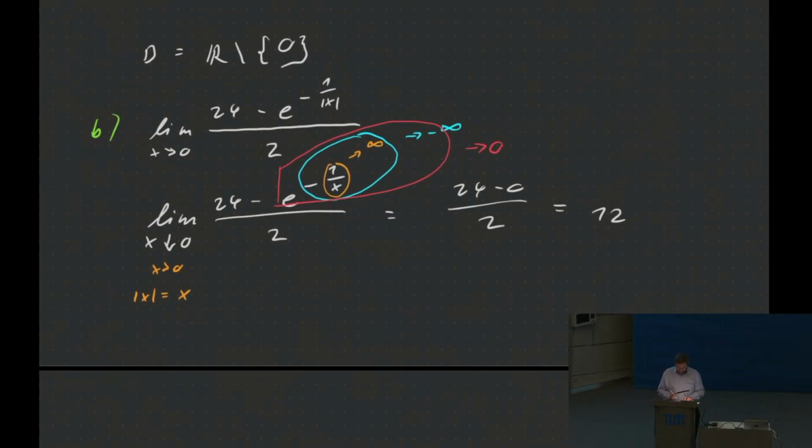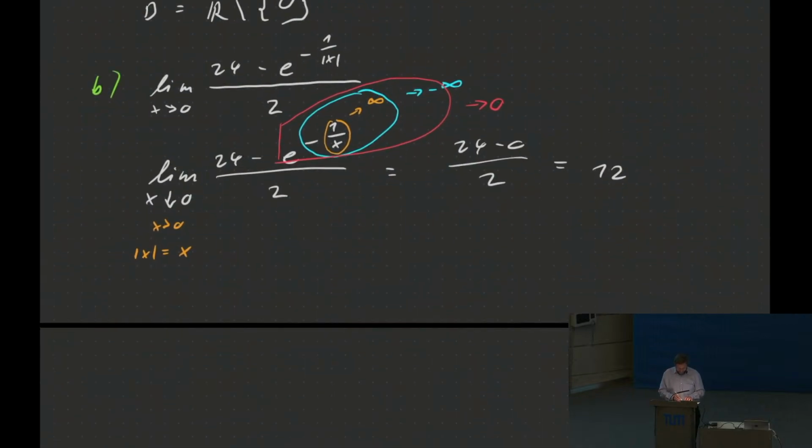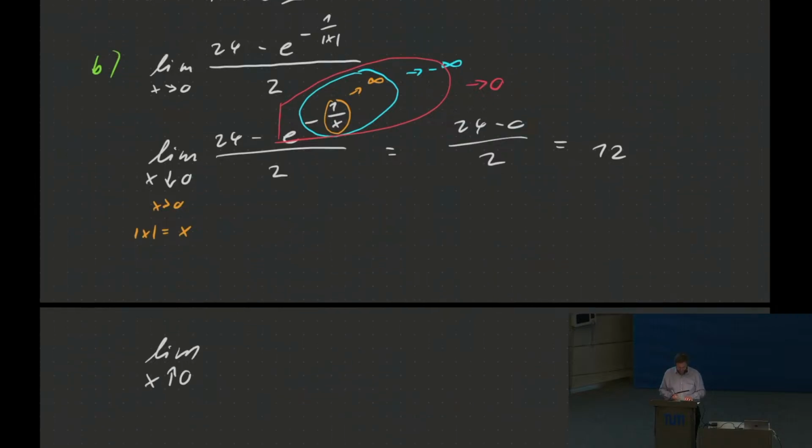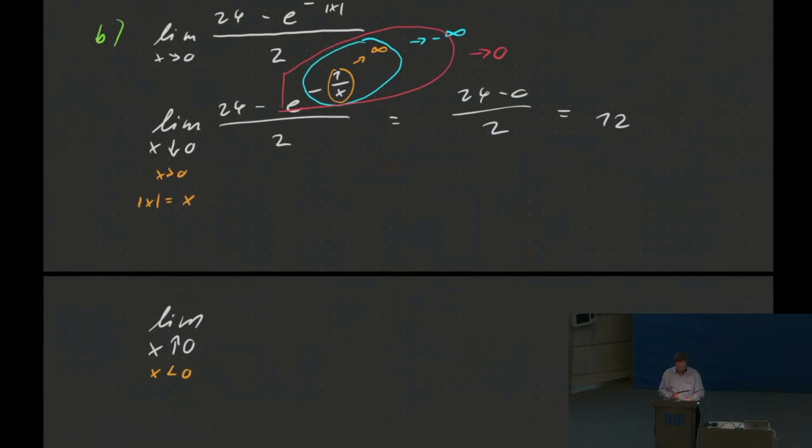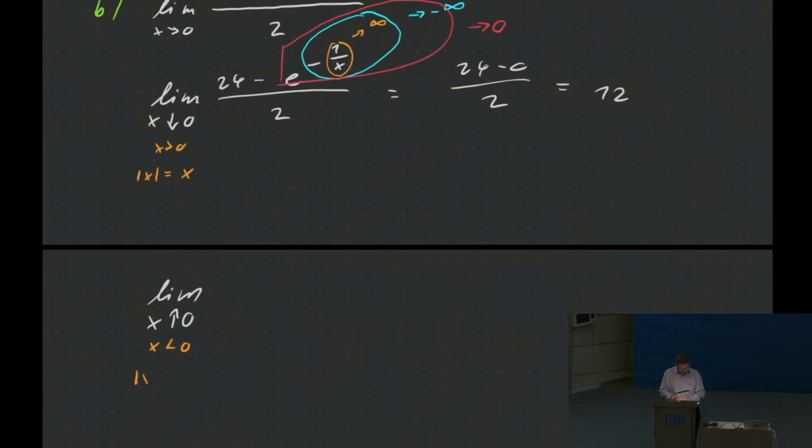All right, and just for the sake of completion, let's also look at the one-sided limit from below. So in this case, we know that x is negative, and that means the absolute value of x is the negative of x. The absolute value of a negative number is its negative. So the absolute value of minus 5 is plus 5.